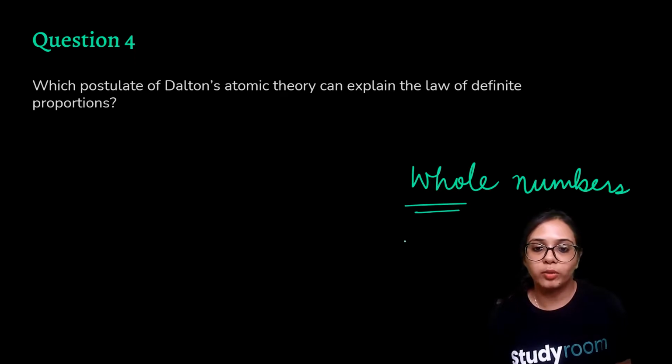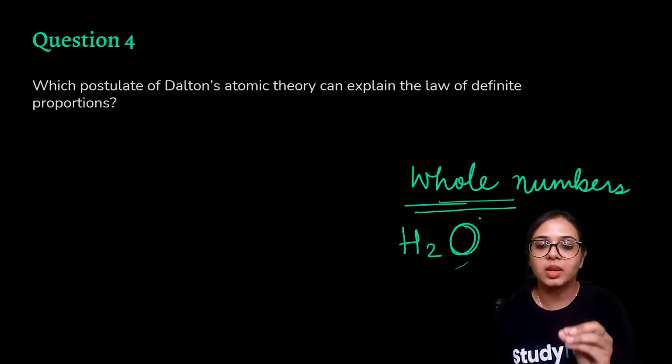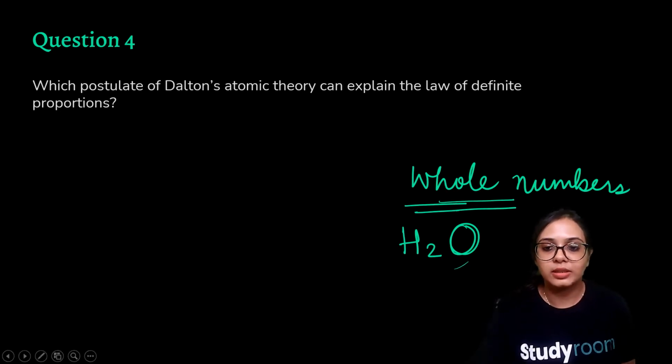Again, the example of water: two atoms of hydrogen combine with one atom of oxygen to give us water. So these atoms are combining in the form of whole numbers with each other, and this is how Dalton postulated and explained the law of definite proportion.